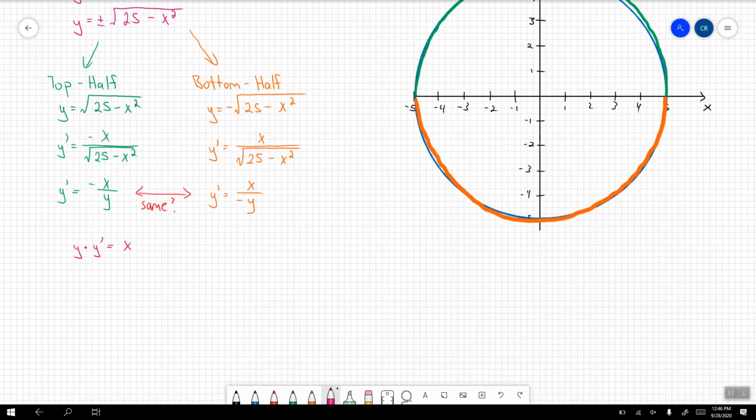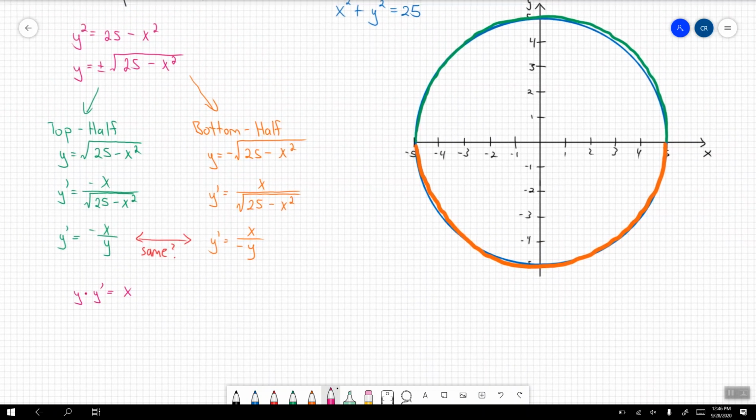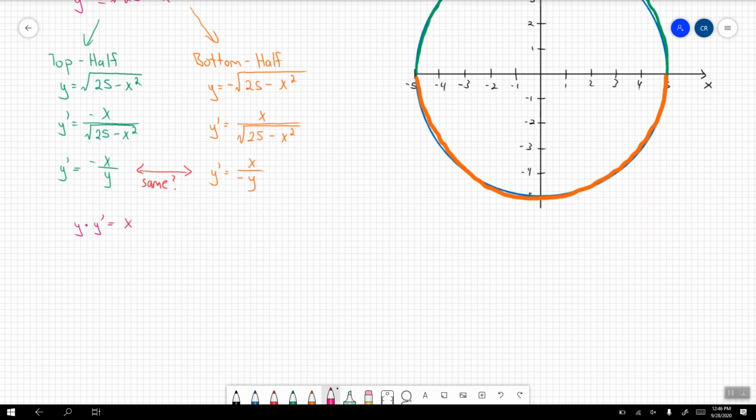We have an x squared and a y squared in our equation as well. What ended up taking place here is that we took the derivative, but in that whole process, we had to take the derivative for y. We're going to keep that in mind.